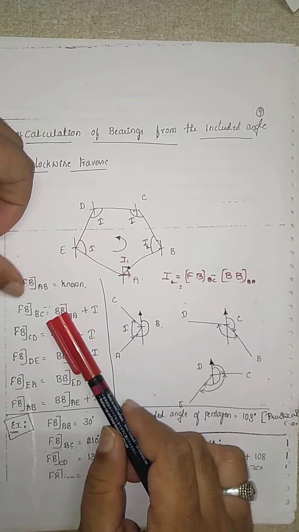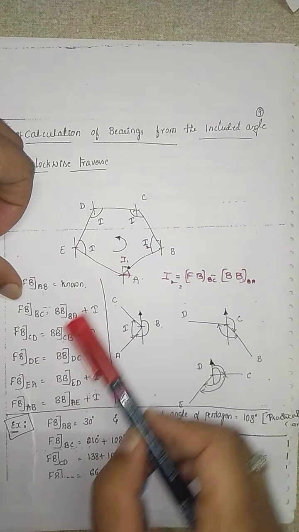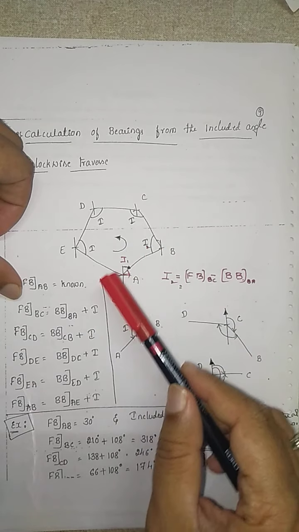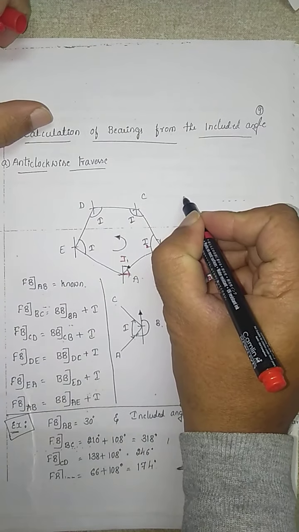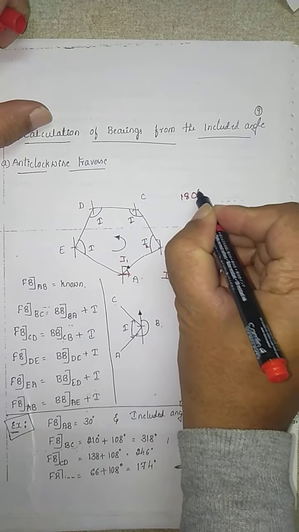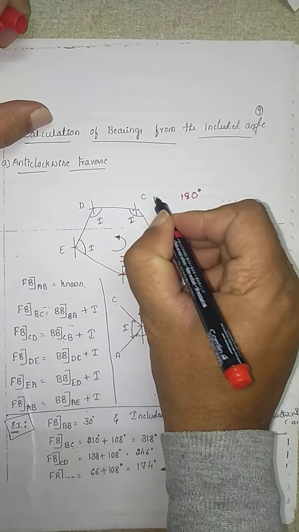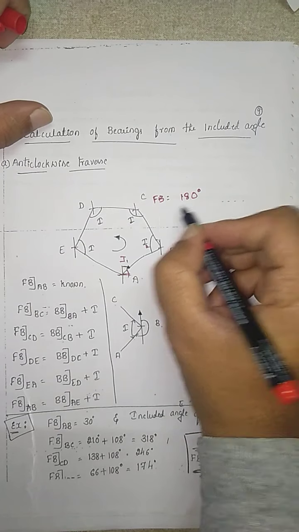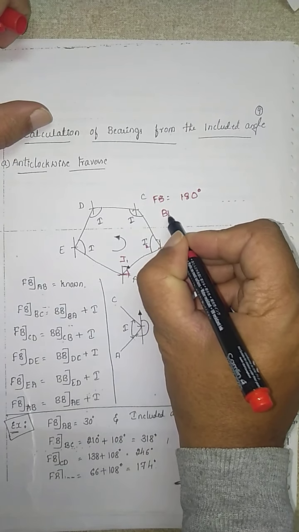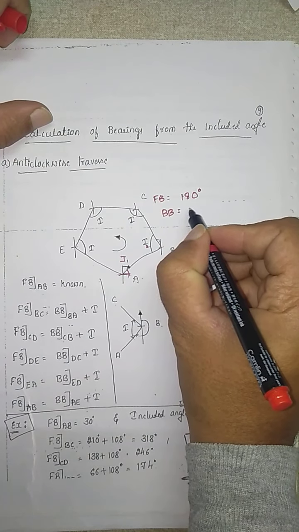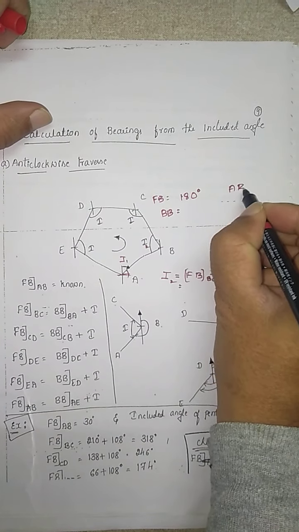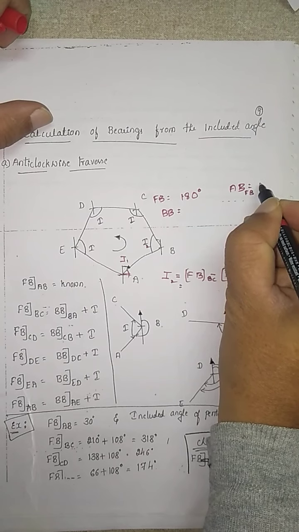Now the fore bearing BC can be calculated from the back bearing of BA. I have told how to calculate the back bearing, right? If the fore bearing is given to you, and if the angle is less than 180 degrees, in order to find out the back bearing, what you are going to do? Let us take an example, AB fore bearing they have given as 60.